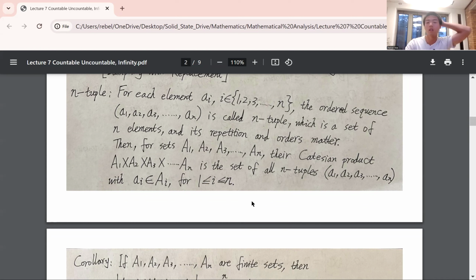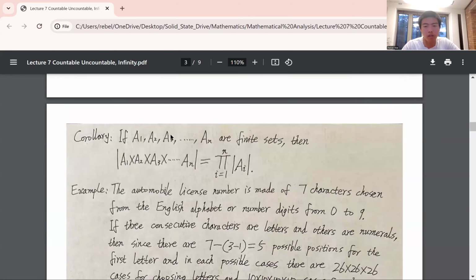Remember, previously we said that if there are two sets A and B, their Cartesian product A times B is the set of all ordered pairs, and now it has more than two coordinates. We give a corollary of the product rule: if there are n sets and they are all finite, and finite is very important here, we can calculate the cardinality as the multiplication of the cardinality of each set.